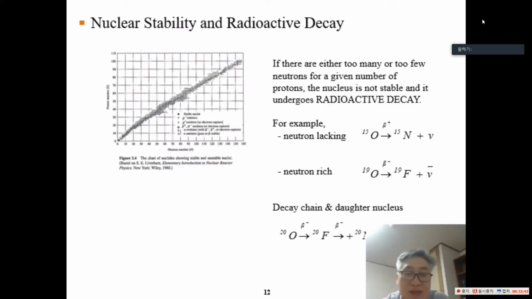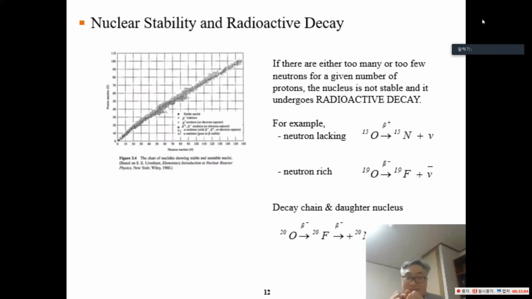That means when there is a nuclear fission, there are 2 fragments of uranium-235. We call them fission products, and the fission products are quite neutron rich.